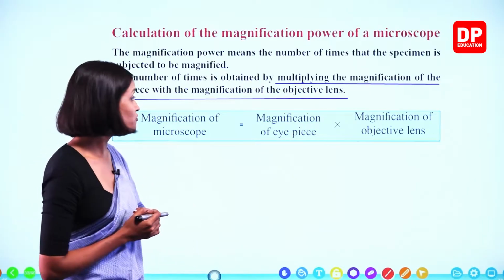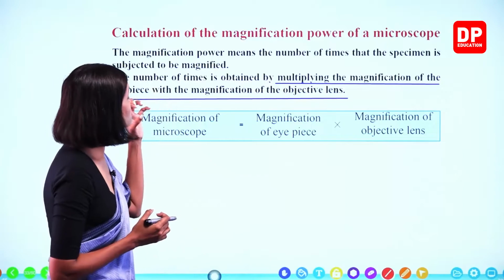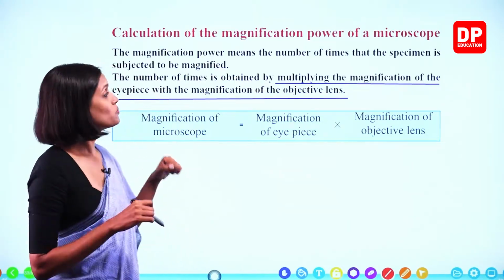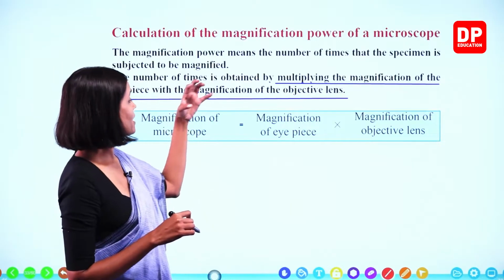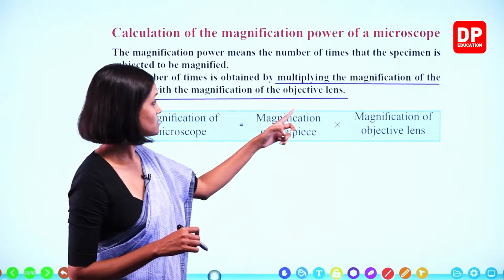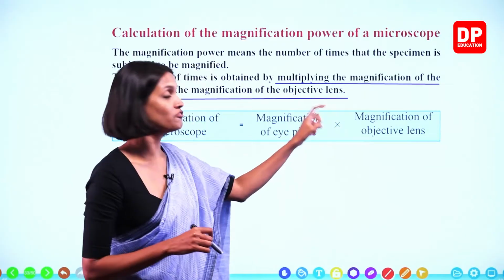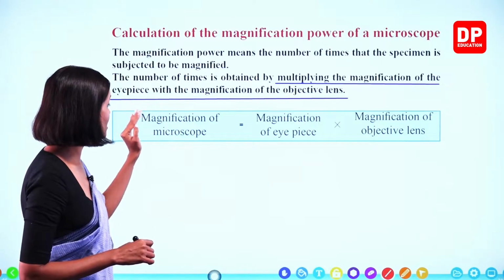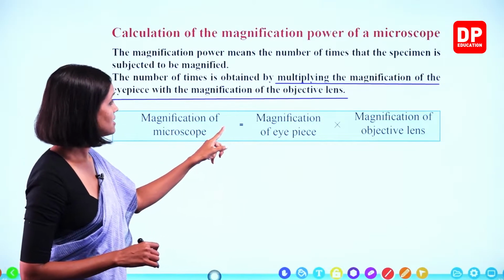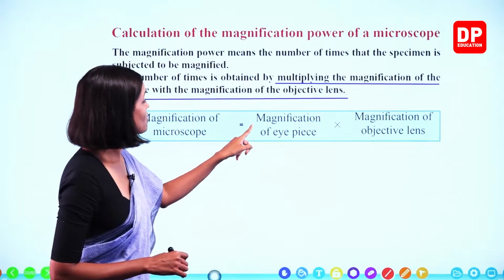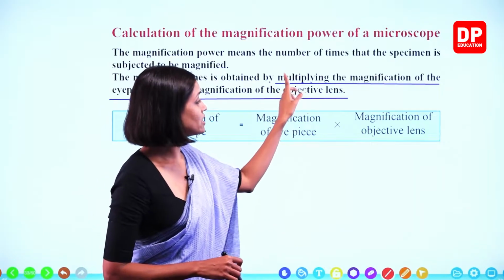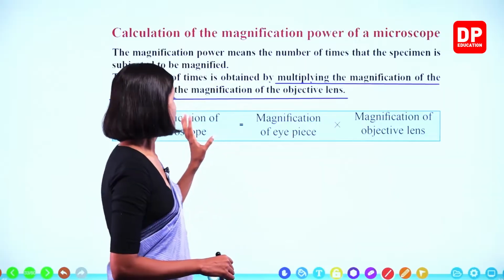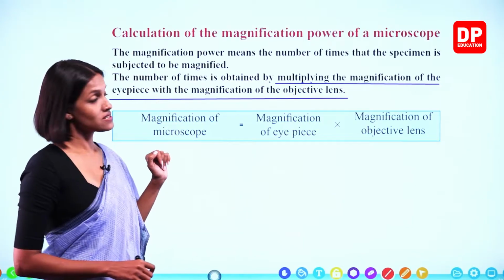Therefore, when you calculate the total magnification of a compound light microscope, you have to multiply the magnification of the eyepiece by the magnification of the objective lens. Therefore, magnification of the microscope equals magnification of eyepiece into magnification of objective lens. Right, children? It's very easy to memorize.